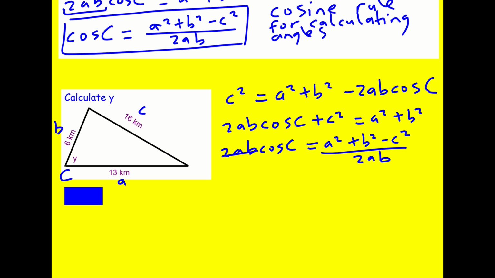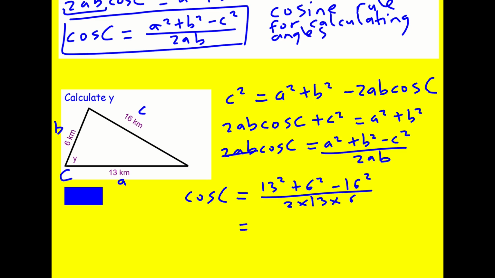But once I've done that, it is just a case of substituting in. Cos capital C is going to be 13 squared plus 6 squared minus 16 squared all over 2 times 13 times 6. And I can just put that straight in my calculator.